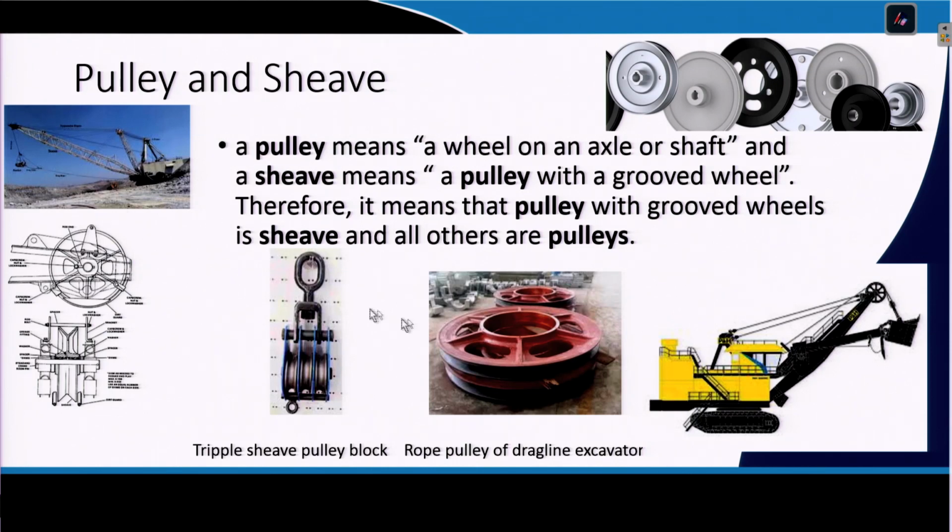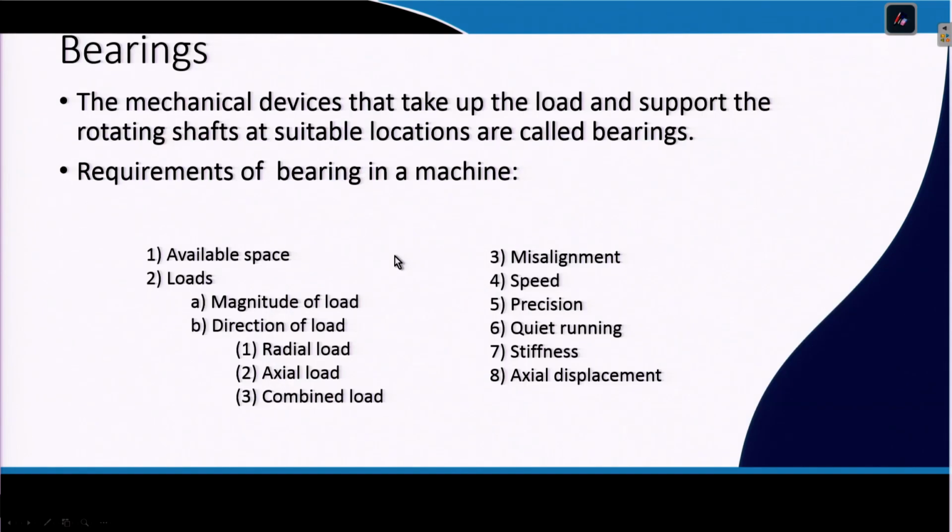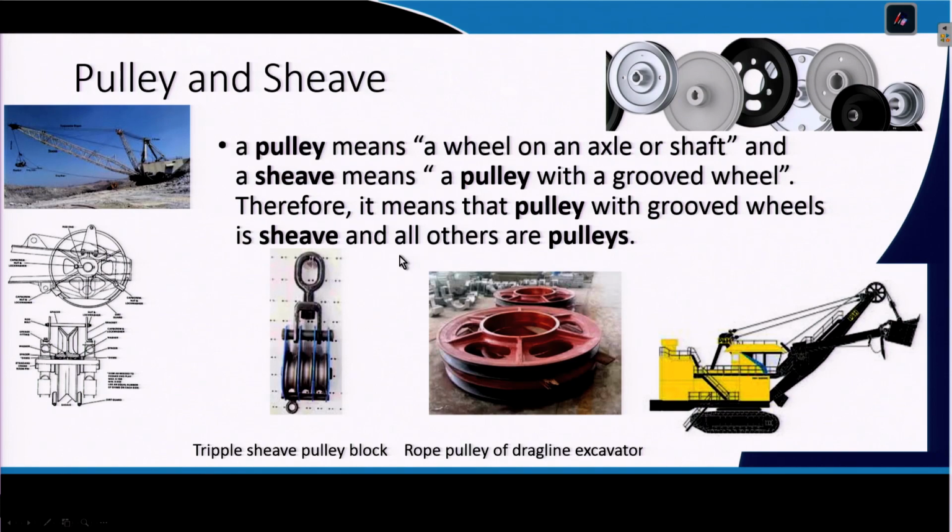Such pulleys are also there in the headgear in the mining shaft. That means if the whole cage is being lowered and taken up with the help of such sheaves and pulleys, that is called your headgear sheave.